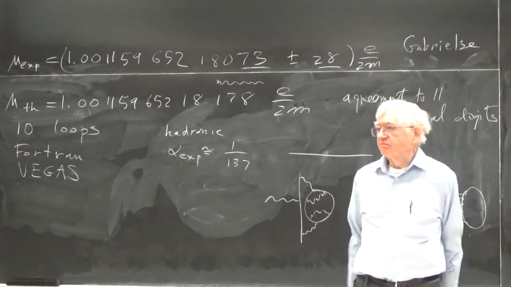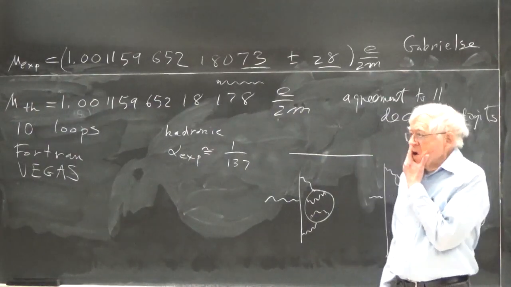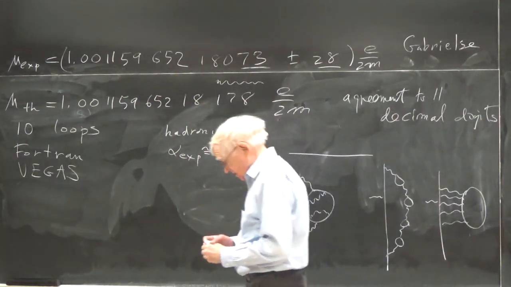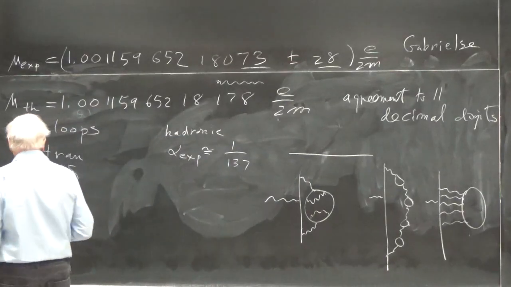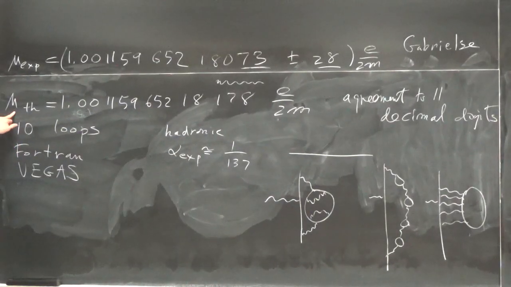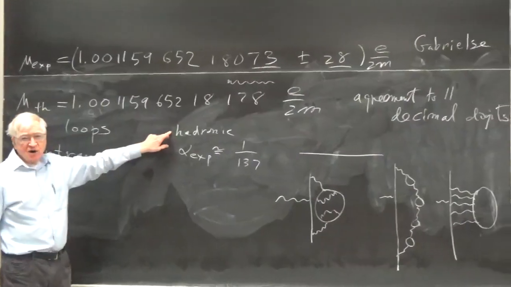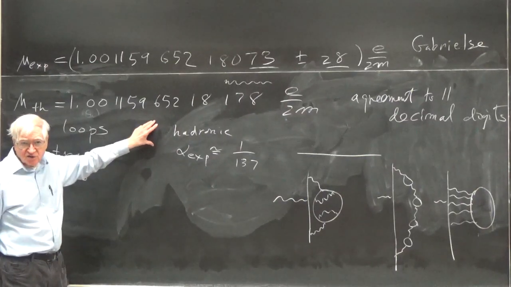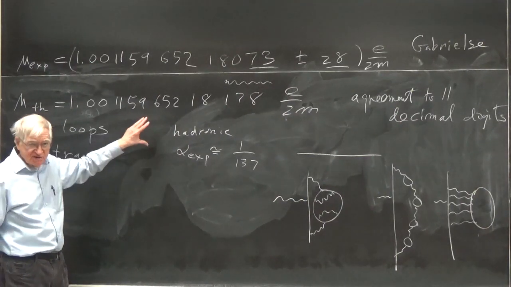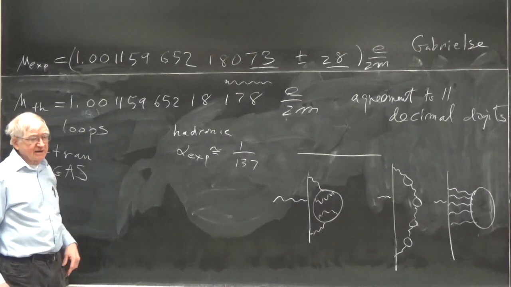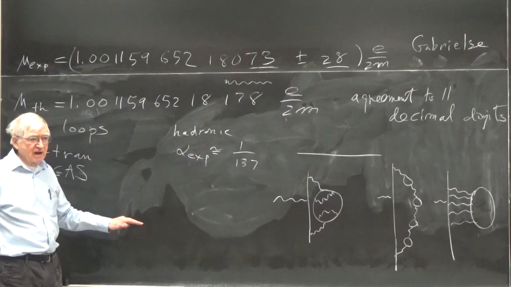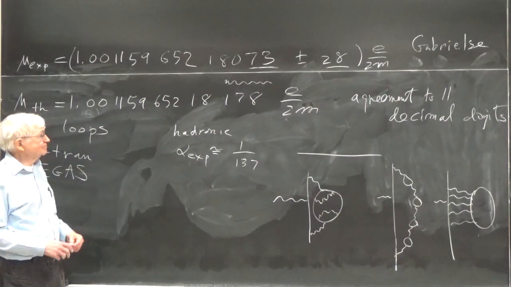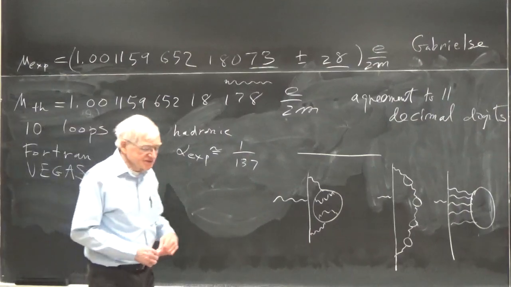These show you the physics. By the way, when I said the theoretical calculation, I should have mentioned, I just alluded to hadronic effects. He also includes, this is a complete standard model calculation. Everything in the standard model he puts in, if it's relevant, and he adds nothing beyond the standard model, and then computes to this accuracy.